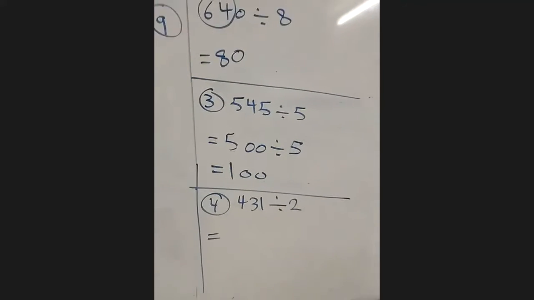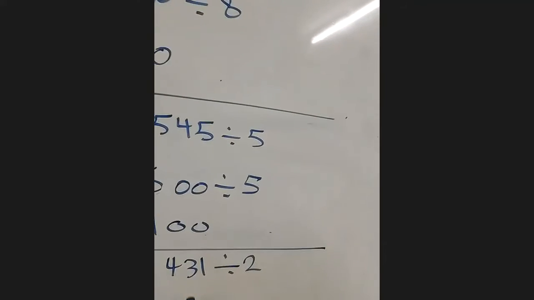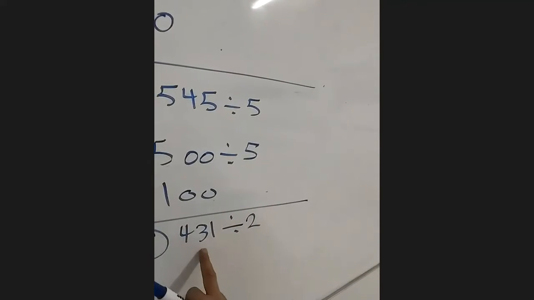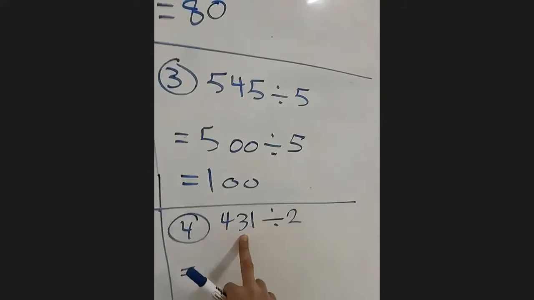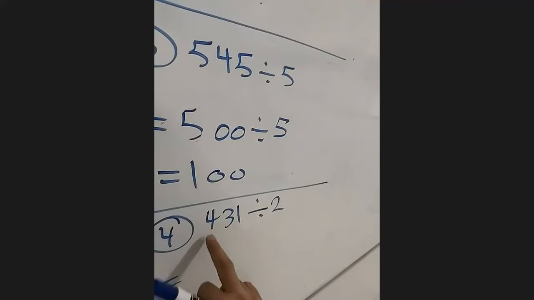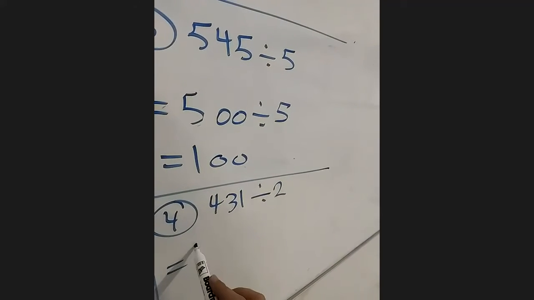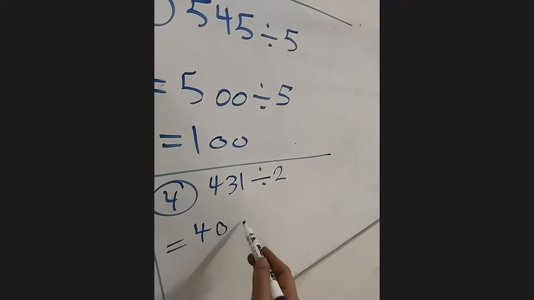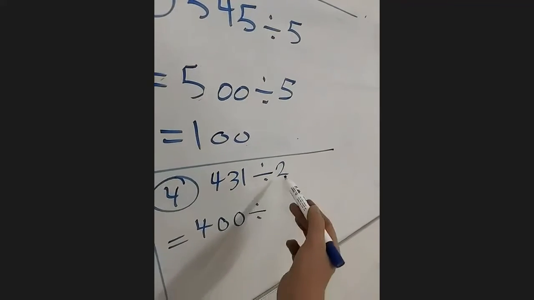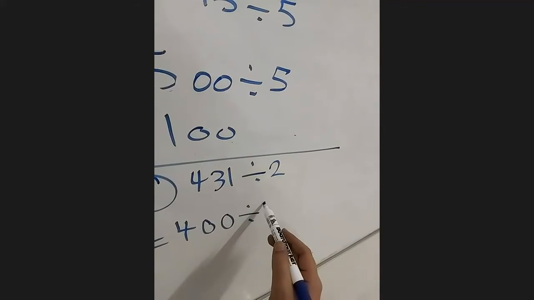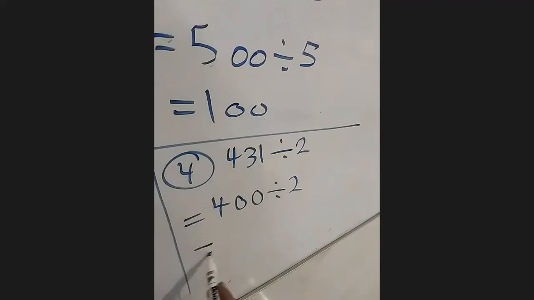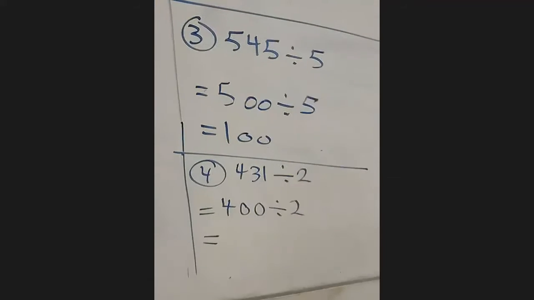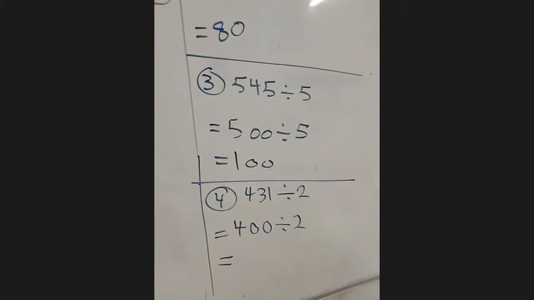Can you help me? What do you want to round, Mister? You want to round 4 or 3? 4. Let's round the 4 together. What's the next number? 3. We don't add 1. So the 4 is still 4. And the 3 and 1 will be zeros. Divided by this 2, which is still 2. Good. Now we'll use the division pattern. Divided by 2. Can you tell me what I will do here?